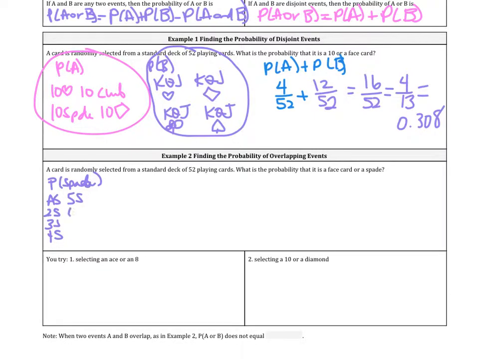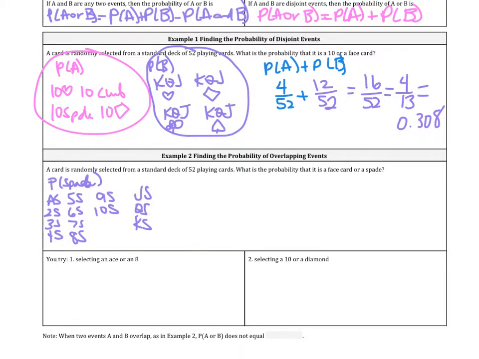I'll just list them: 5, 6 of spades, 7, 8, 9, and 10 of spades. And they also have jack, queen, king of spades. Okay, so those are all our spades.